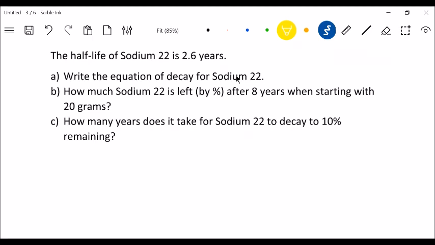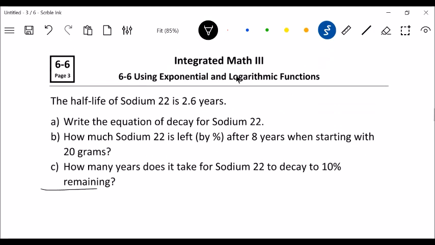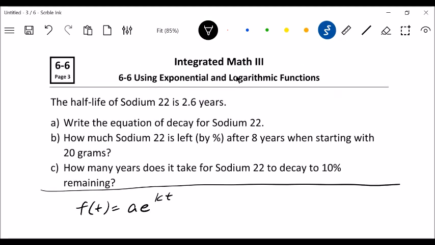Okay, I'm going to show I get the right page online. So we're going to use the formula. The function based on time is equal to A e to the kt. So the half-life of sodium is 2.6 years.